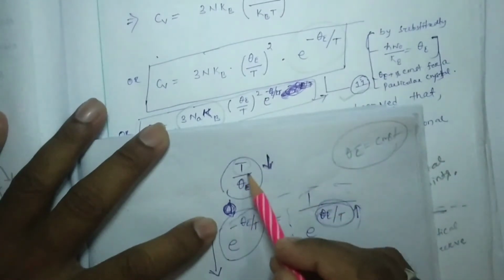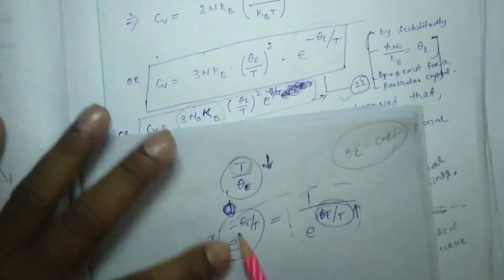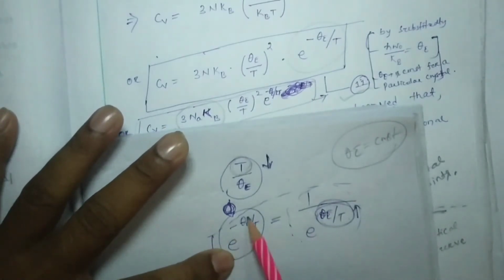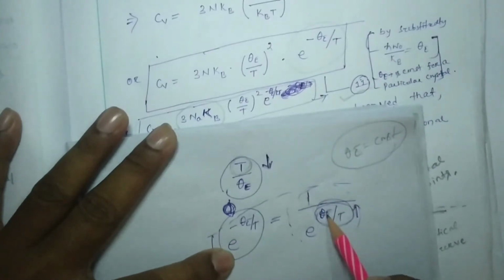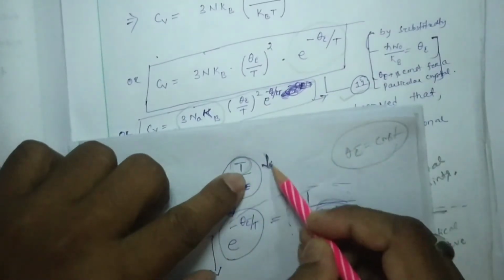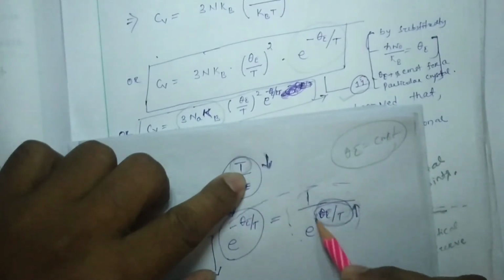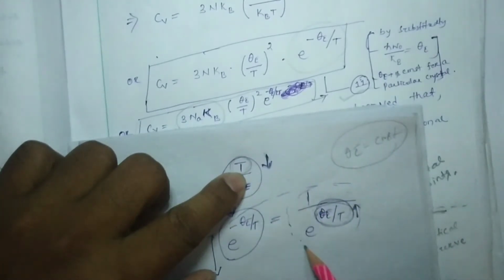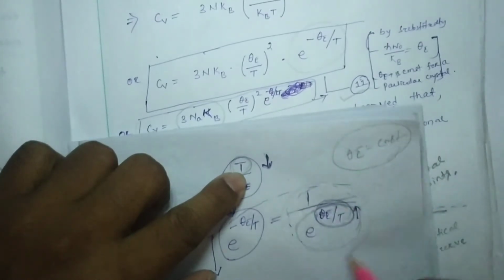So as T decreases, e to the power minus theta e by T can be written as 1 by e to the power theta e by T. Here T decreases, so this factor increases. If this factor increases, then the whole denominator, e to the power theta e by T, is increased. If this is increased, the whole term is decreased.